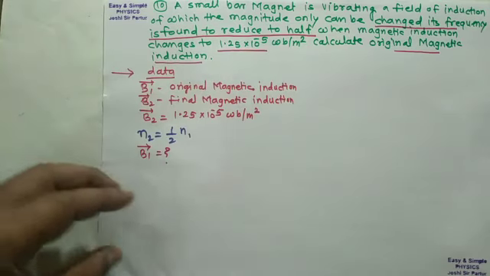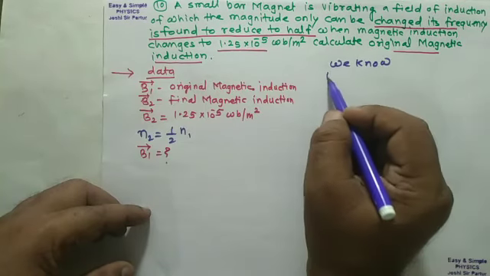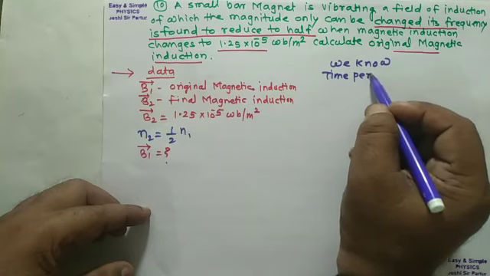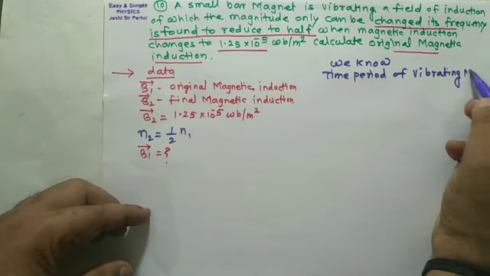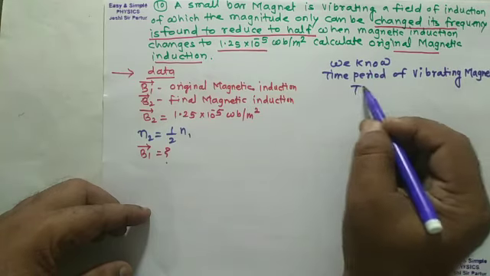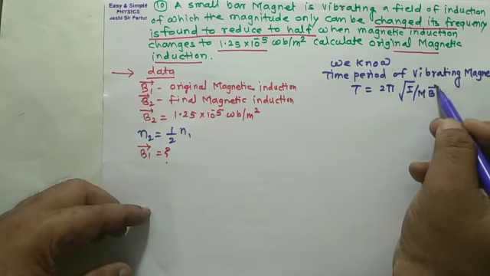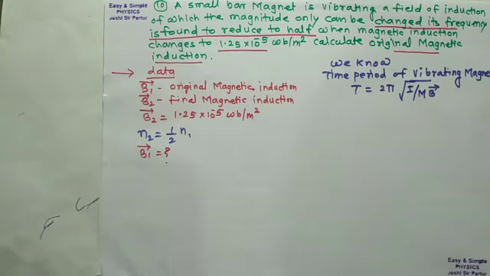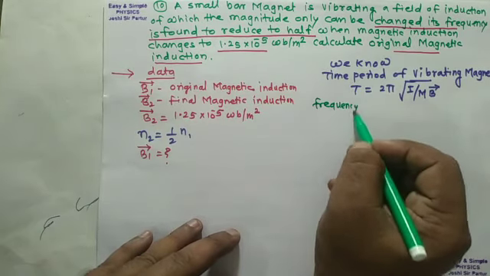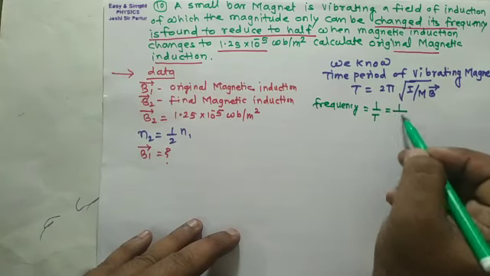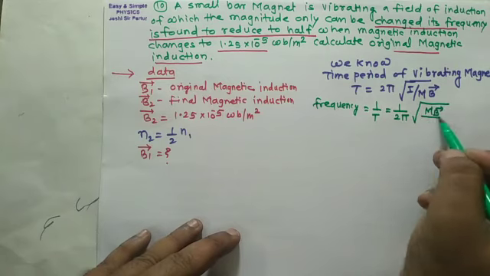So first of all, we know the time period of vibrating magnet, T is equal to 2 pi square root of I upon m vector B. For frequency, frequency is equal to 1 upon T, equal to 1 upon 2 pi square root of m vector B upon I.